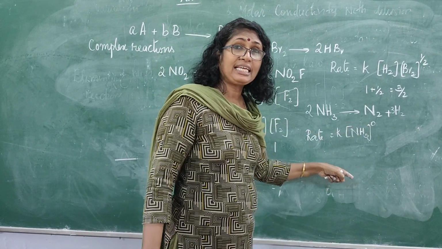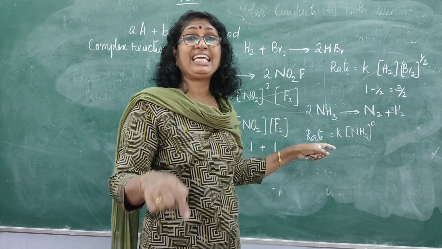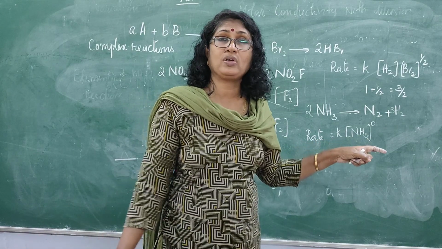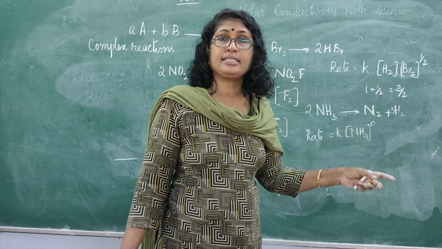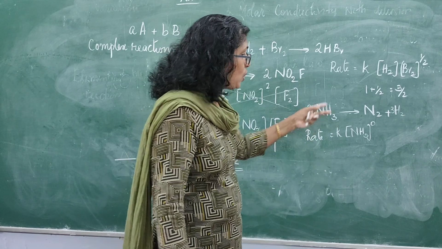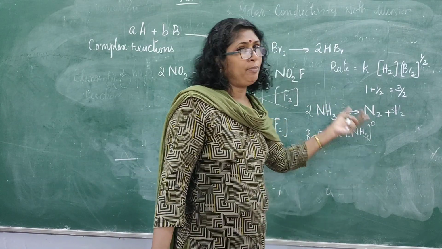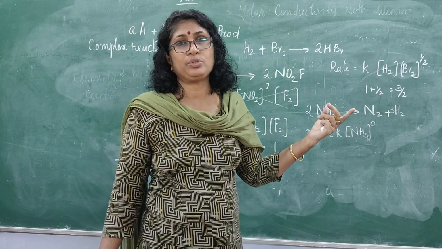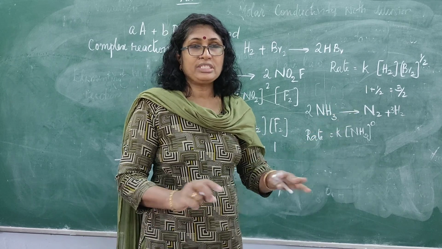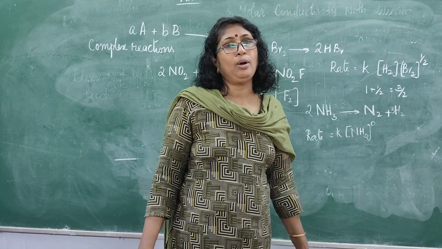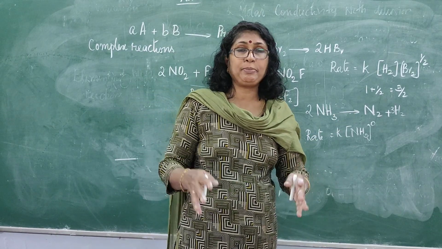So the order of the reaction can be 0 if the rate of reaction is independent of the concentration of the reactant. There are certain reactions like that also. So order can be equal to 0. Molecularity can never be equal to 0. Understood? So these are the differences between order and molecularity. Order is an experimental quantity.